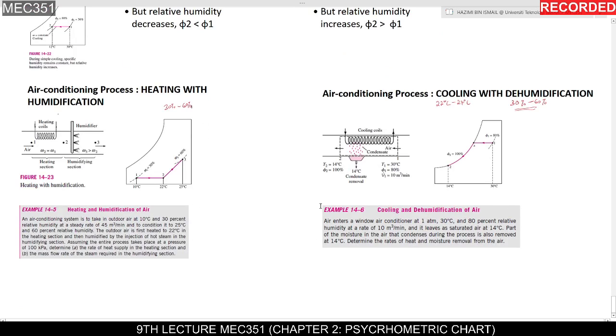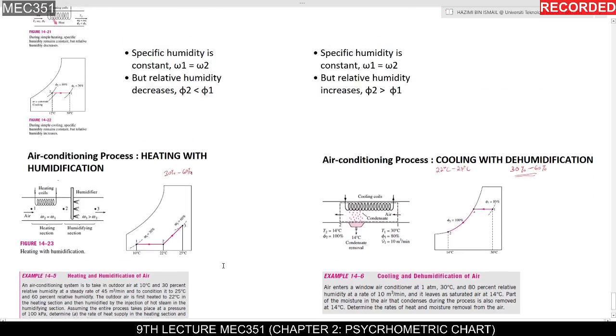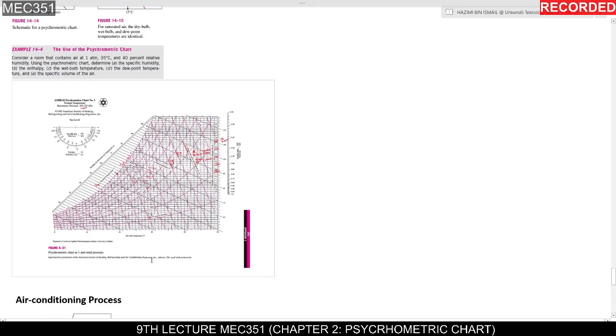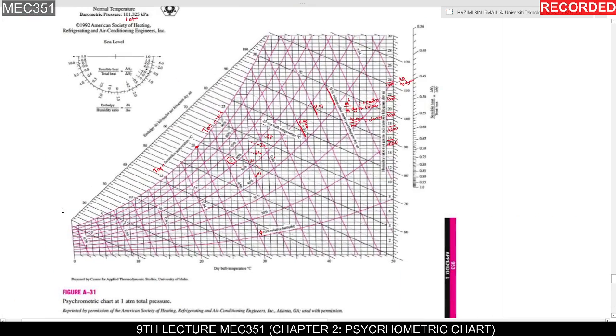I think I don't have time to show you for this video. Maybe for the next video I will show this example separately in a tutorial video. But for today, I will just show you how to get the value from the psychrometric chart here.